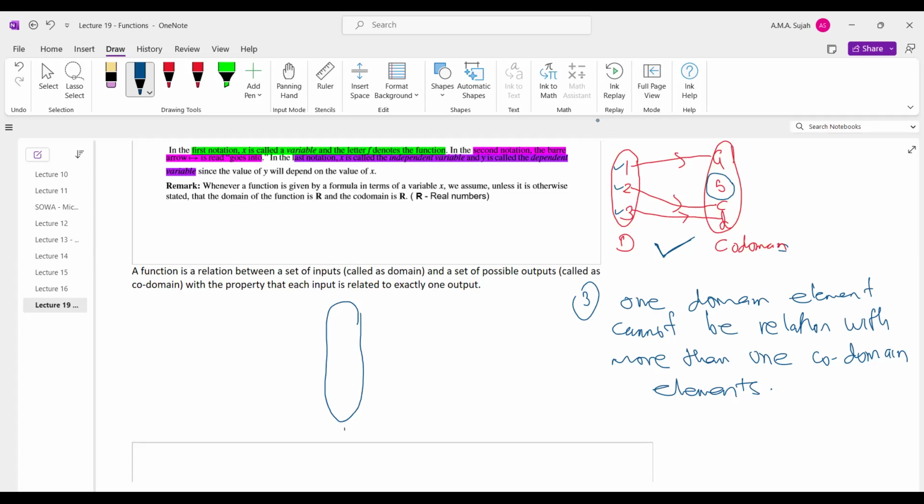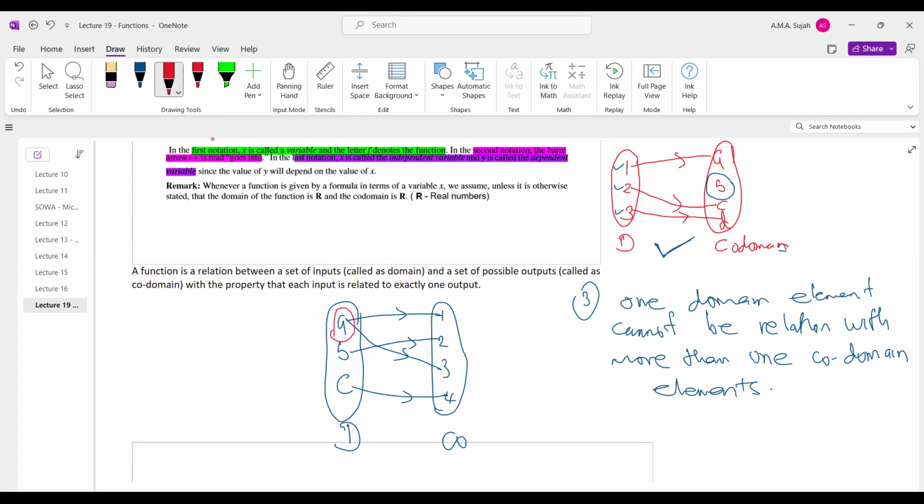Just look here. This is my domain, and this is my codomain. Here A, B, C, and here 1, 2, 3, 4. Here A is related with 1, and also A is related with 3. This is not a function. Did you understand my point?